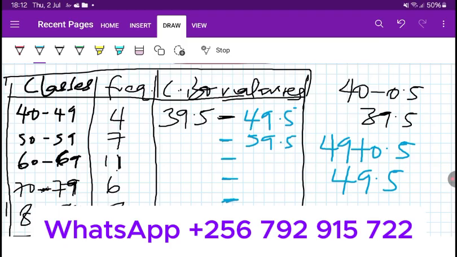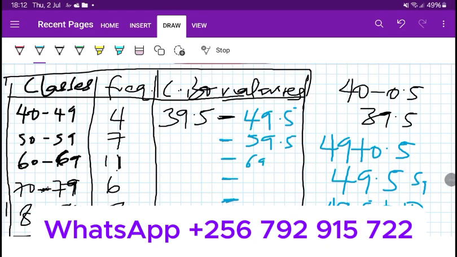The other option is that you can add the class interval. What is the class interval? From 40 to 49, there are 10, because you include even the 40. You count 40, 41, 42, 43, 44, 45, 46, up to 49. Those are 10. So you get 49.5 plus 10. That will give you 59.5. So you keep on adding 10.